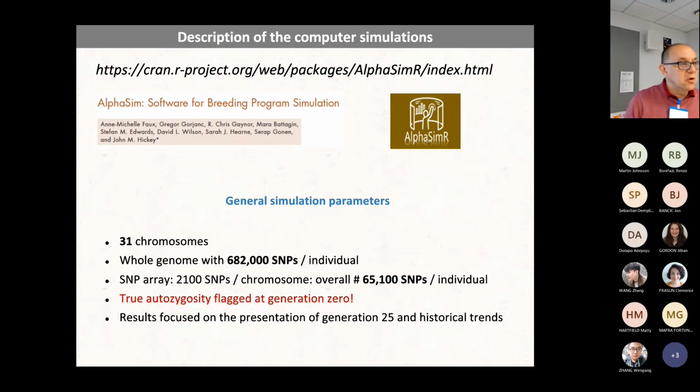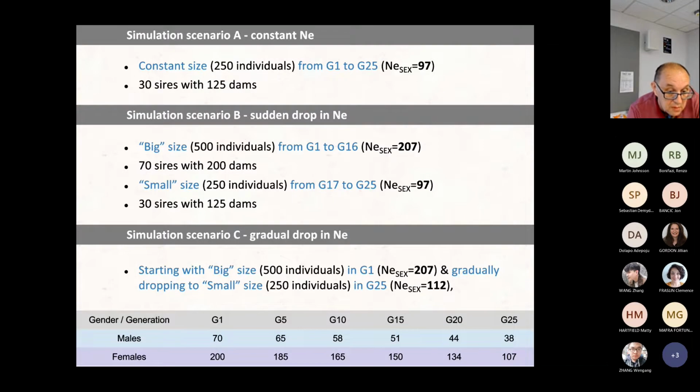We were interested in what is going on in our vicinity, with the current estimate and some 25 generations back. So our simulations were considered on a time scale of 25 generations, although those of you working with AlphaSim know that there is a pre-simulation period when the effective population size is even bigger, so there is also growth before.